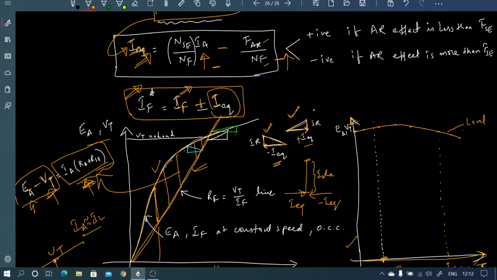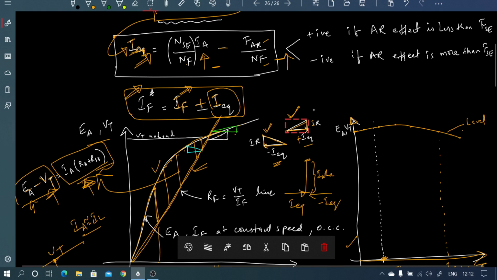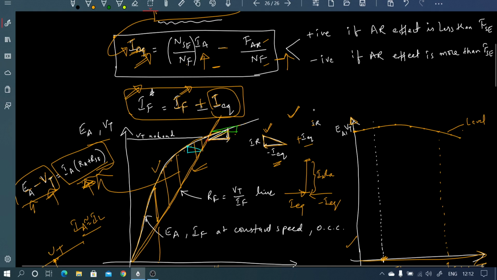Okay, so now what I do, I just bring this triangle and place it such that it touches both the V_T line and the E_A line. It touches at this point and this point on the OCC and R_F line.